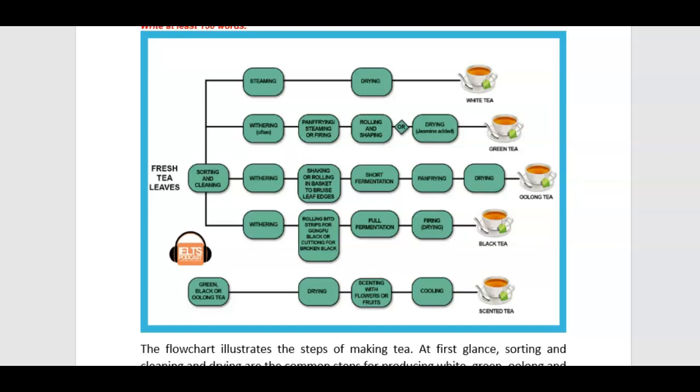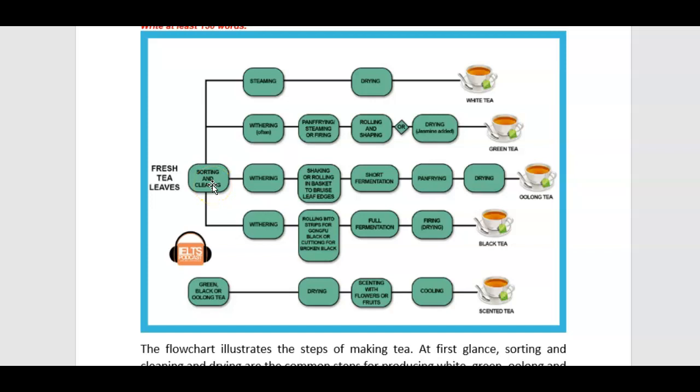Okay, and then I would say of these types, white is the simplest process, whereas oolong is the most complicated. And then I would say that all teas begin with leaves being sorted and cleaned.